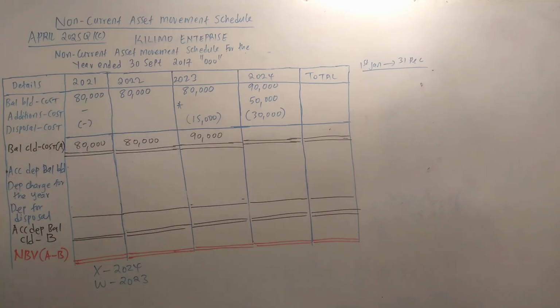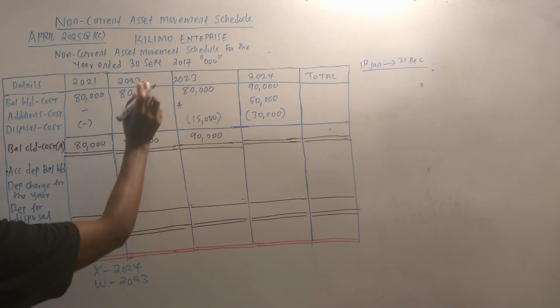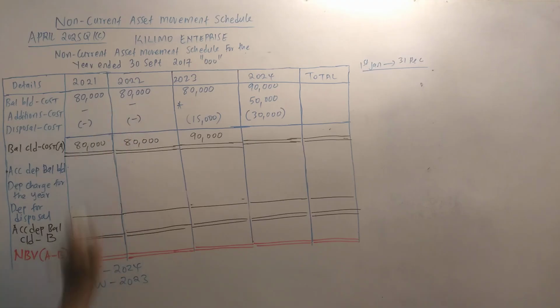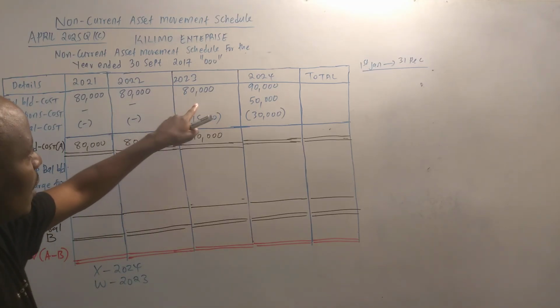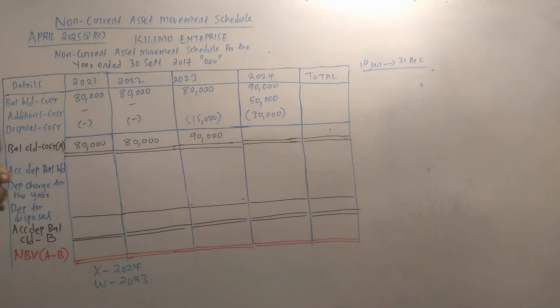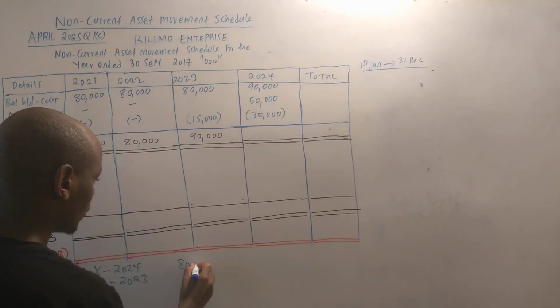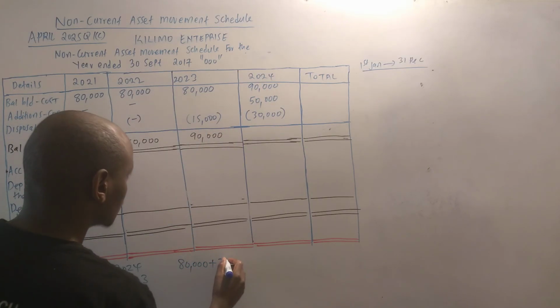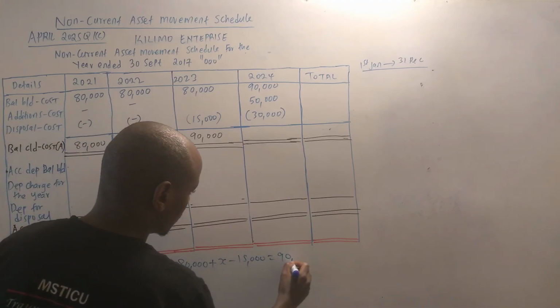Also in this case, there was no addition or disposal. So 80,000 plus 0 minus 0 is 80,000. Now in this case, 80,000 plus a figure here minus 15 must give you 90,000. So what will be this figure? Let us assume it is x. So we say 80,000 plus x minus 15,000 must give us 90,000.